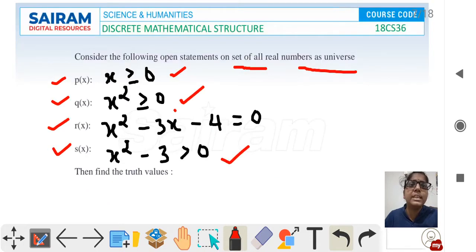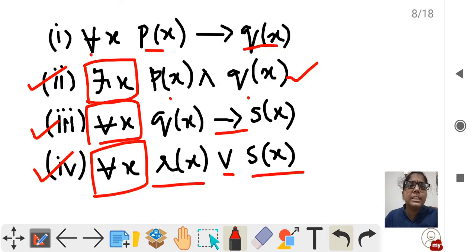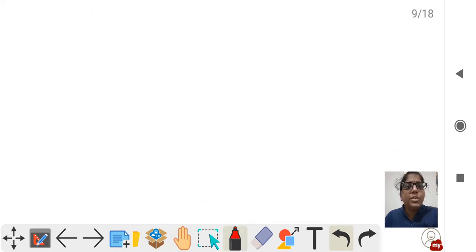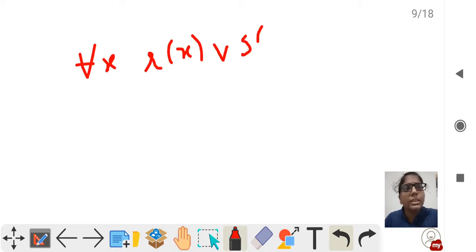What is r of x? It is x squared minus 3x minus 4 is equal to 0. And s of x is x squared minus 3 greater than 0. Okay. So next we have to prove for all x, r of x or s of x.